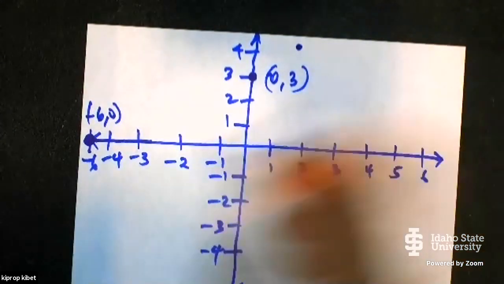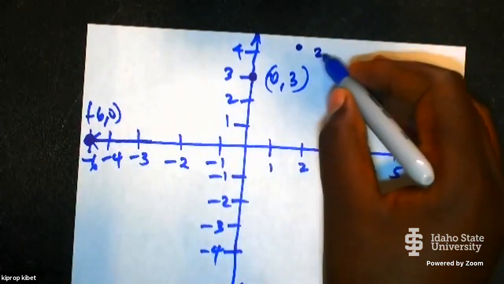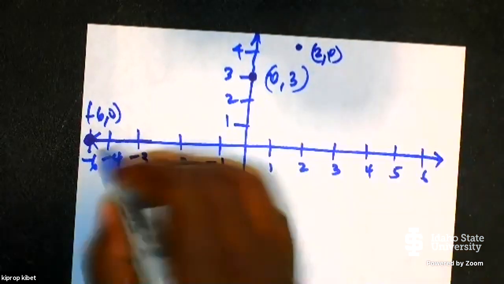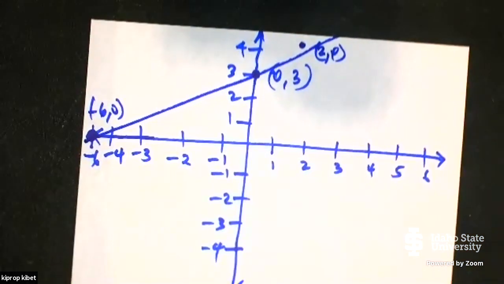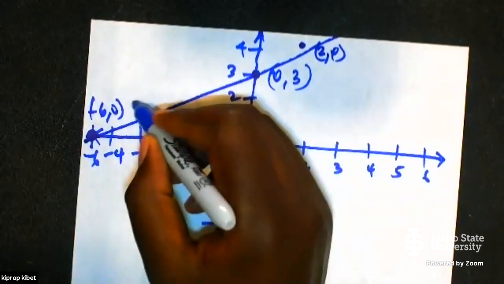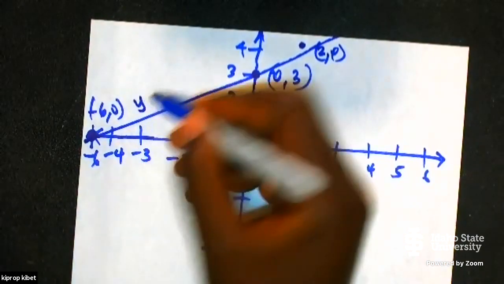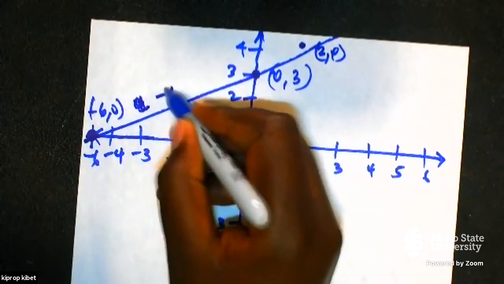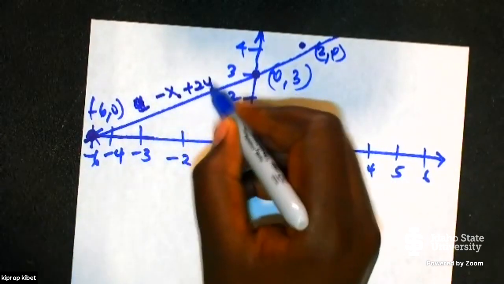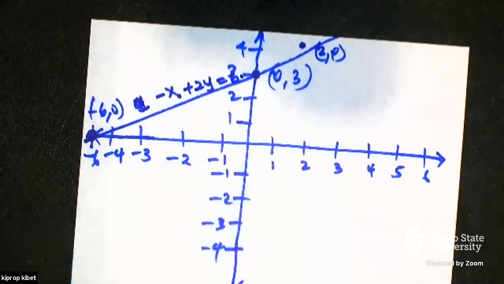So this one is not to scale. So 2, 4. And then you do what? You plot a straight line. So this line is now the equation 1. The equation 1. So minus x plus 2y equals to 6.